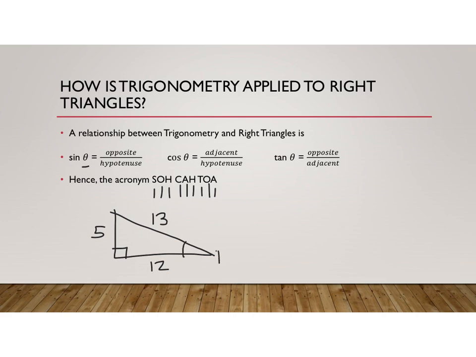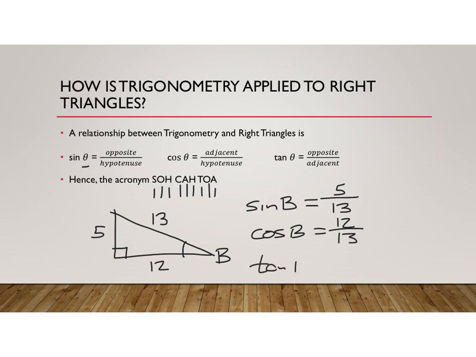And if we label this angle B, then the sine of angle B would be the opposite side over the hypotenuse, which would be 5 over 13. The cosine of angle B would be the adjacent side over the hypotenuse, which would be 12 over 13. The tangent of angle B would be opposite over adjacent, which would be 5 over 12.